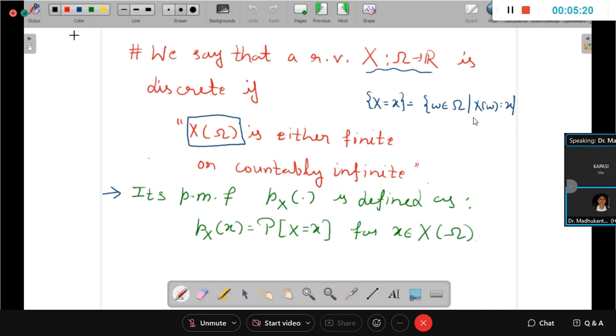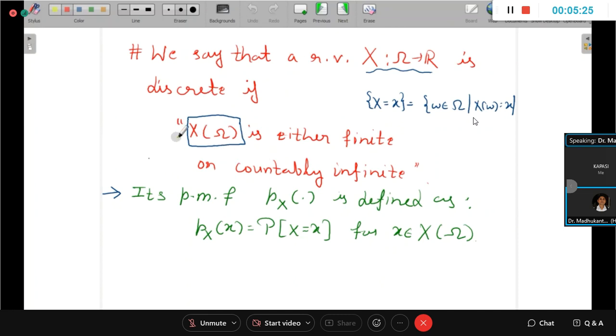It is very easy to identify when a random variable is discrete or continuous. If the range of the random variable is finite or countably infinite, in other words, X assumes discrete values instead of continuous values, then we say that the random variable is discrete.